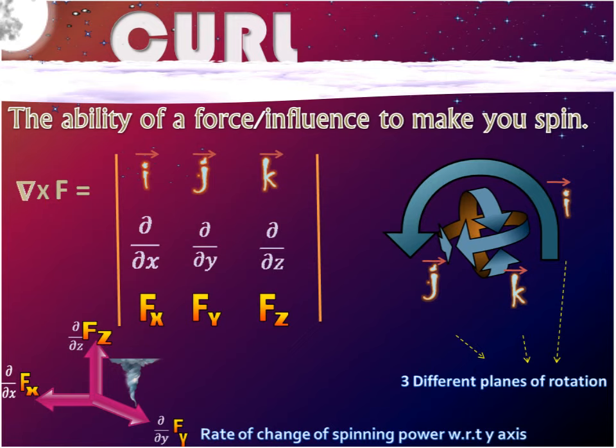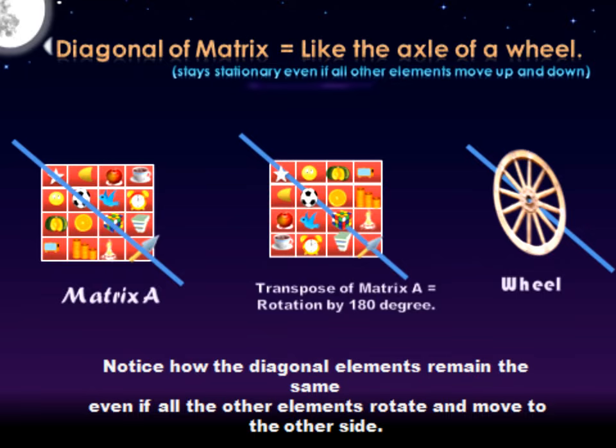Whenever you're rotating, your position is changing along all these three axes. The rate at which this position keeps changing is denoted by these formulas. Fx, Fy and Fz are the forces along these, the forces which are pushing you along these lines and so on.